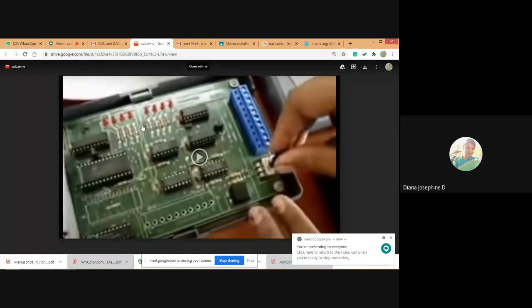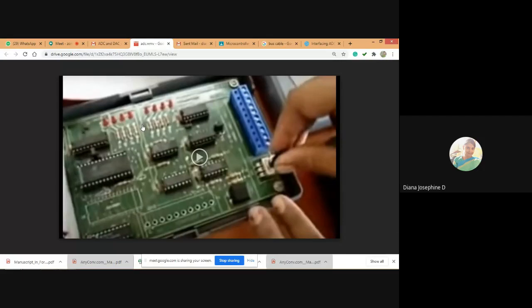So we have seen how we interface ADC0808 with 8051 in the Proteus simulator. But in the previous year's lab, we had an ADC0808 kit, and we interfaced that kit directly with the 8051 microcontroller.